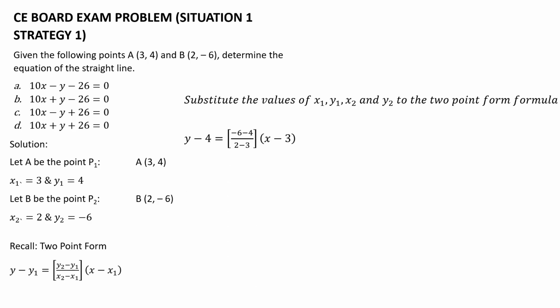After the substitution process, we now have the equation as y minus 4 equals negative 6 minus 4 all over 2 minus 3 times x minus 3. And then we have it now as y minus 4 equals negative 10 over negative 1 times x minus 3.